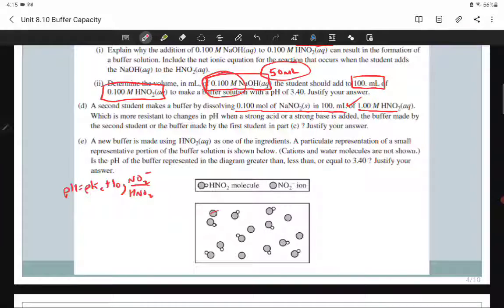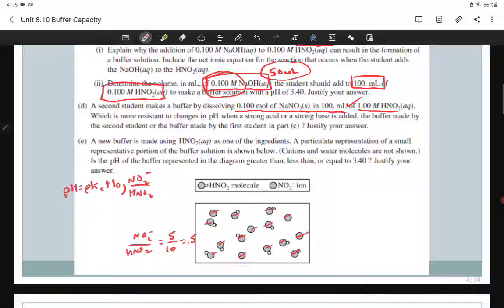We have 1, 2, 3, 4, 5 of the NO2 minus. And the HNO2s, we have 1, 2, 3, 4, 5, 6, 7, 8, 9, 10. So that equals 0.5.